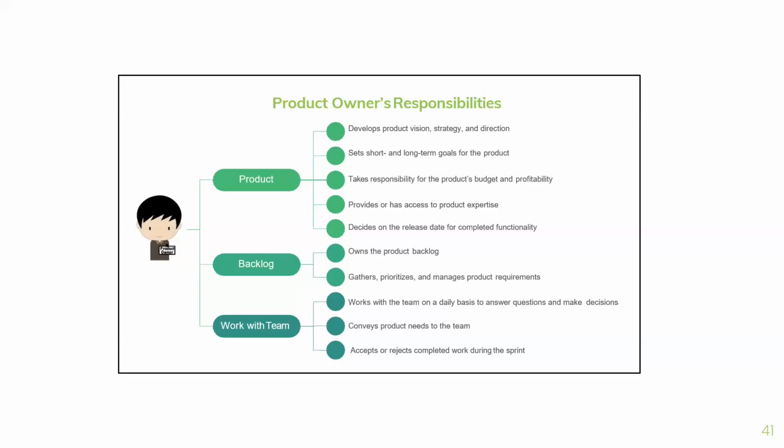If it's a B2C product, you'll be doing adverts, YouTube ads, speaking at conferences so that there's awareness for that product. He also decides on the release date for completed functionality. If you finish a product in a sprint, you can say, hold on, sorry.